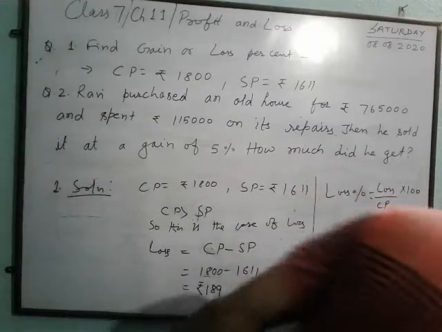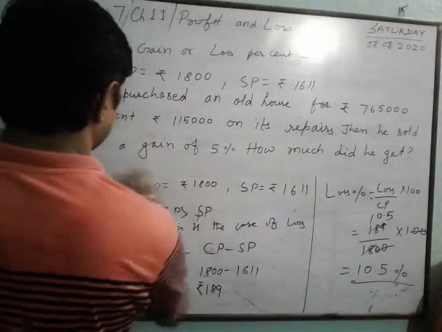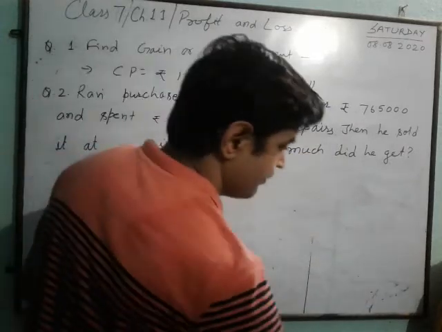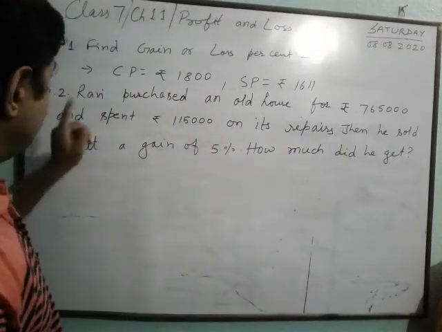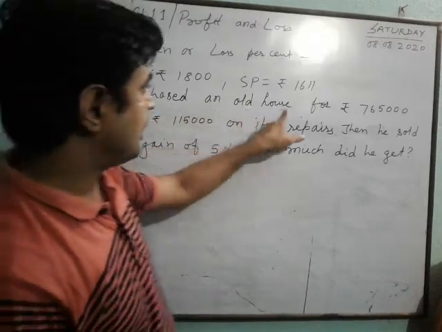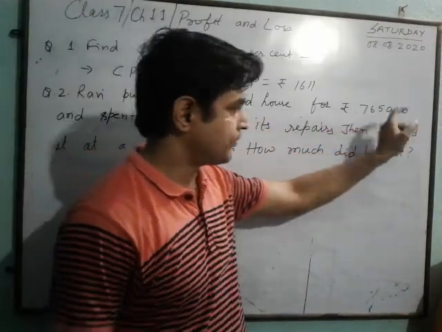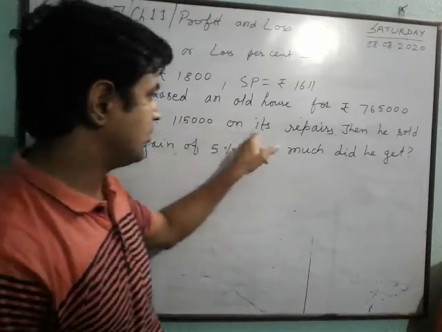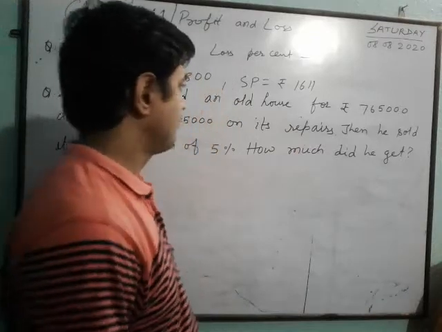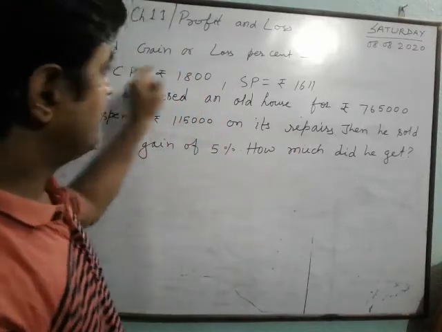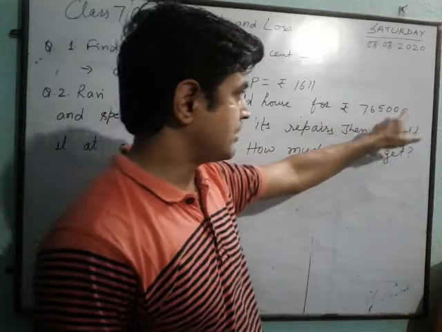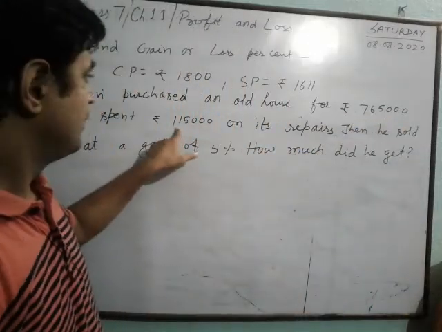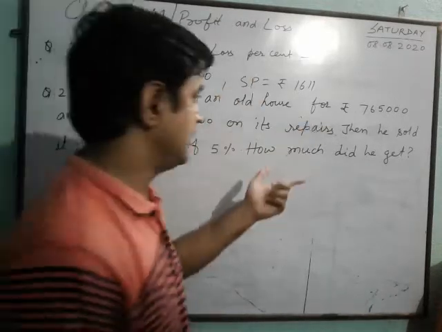The next question, let us solve the next. Now we have what problem? Ravi purchased an old house for rupees 7,65,000 and spent rupees 1,15,000 on its repairs. Ravi ne 7,65,000 mein ek purana ghar kharida aur uske repairing pe 1,15,000 kharch kiya.